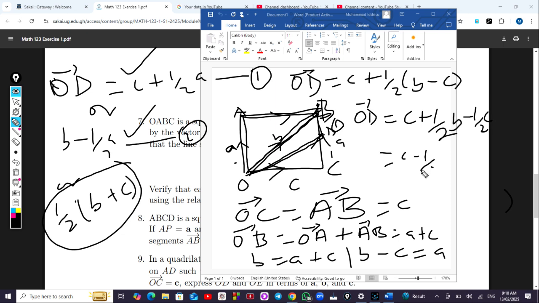That is c minus half c plus half b, which is half c plus half b, the same as half bracket b plus c. You can use this same way and substitute it in equation 2 and you see that you have the same thing, b plus c.